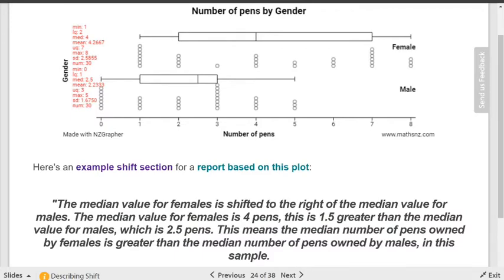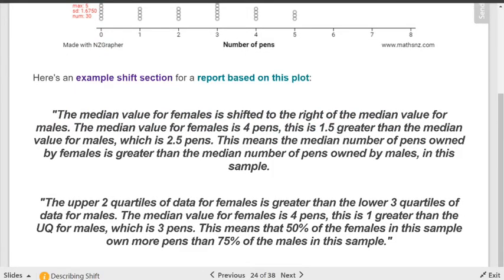Finally, then we put it into context. This means that the median number of pens owned by females is greater than the median number of pens owned by males. And notice that phrase right there: in this sample. Because can I always say that's true?